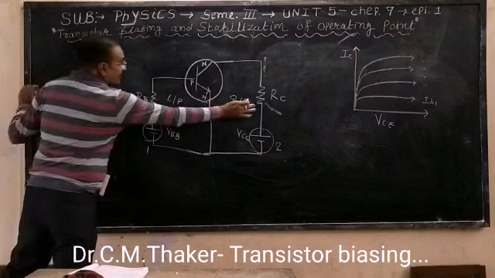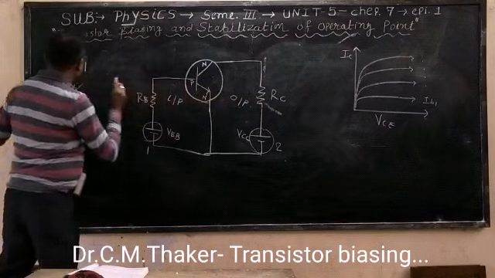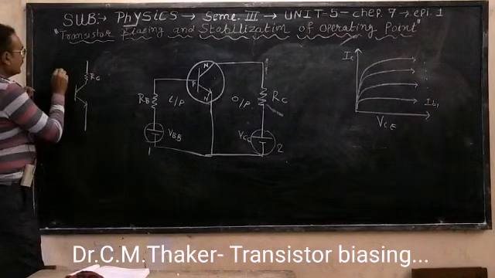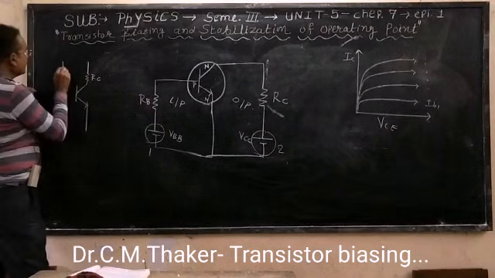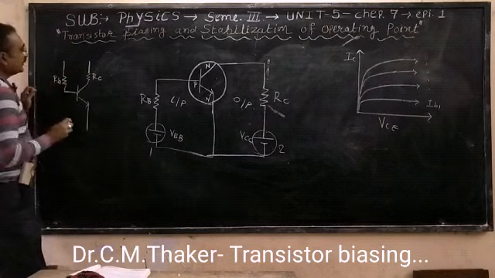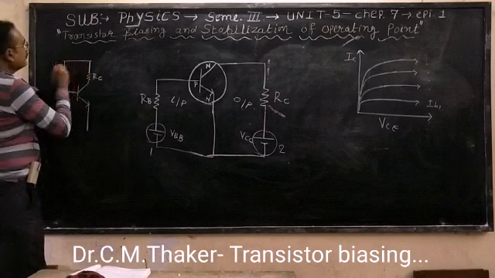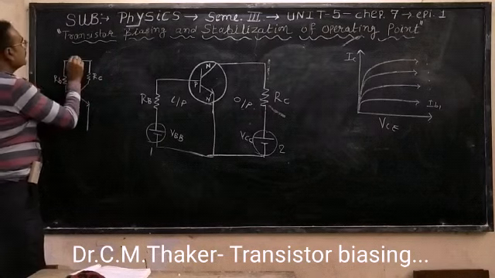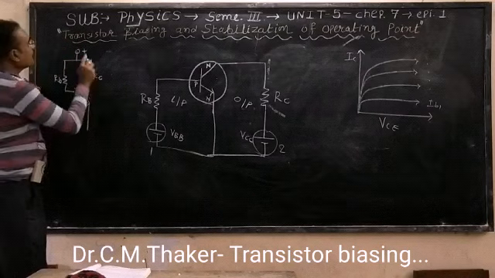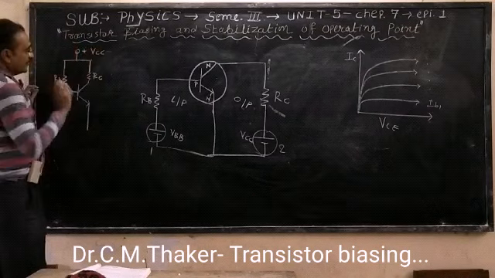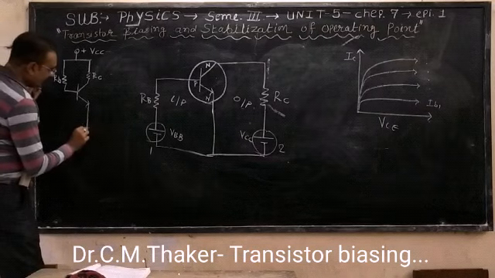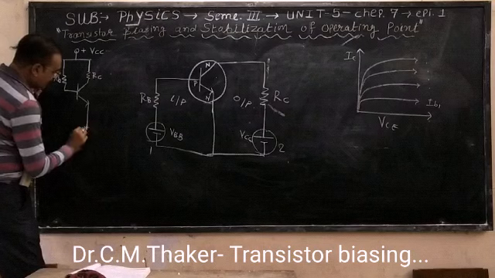This is the collector resistance, I am connecting it here. This is the base resistor RB connecting here, and make a common terminal named as the plus terminal VCC. Now this is the emitter terminal and I can mention it as a grounded terminal.